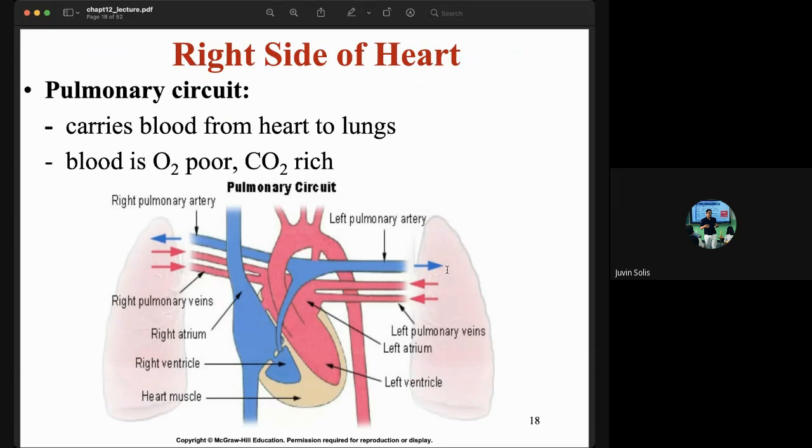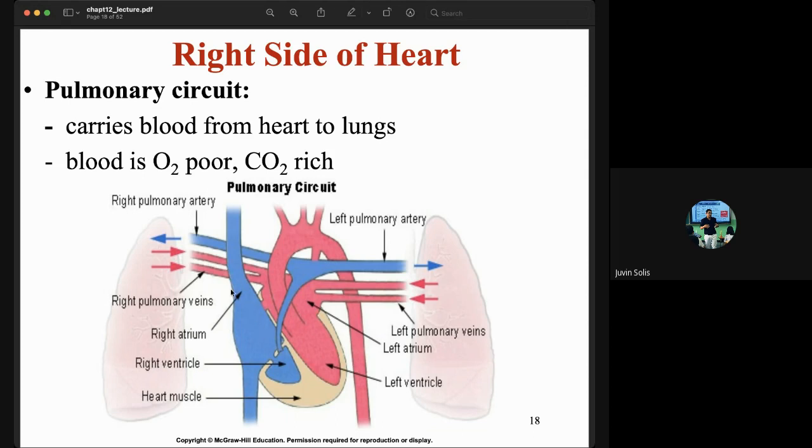Okay, so here we will now be talking about the right side of the heart. In the right side of the heart, we have what we call your pulmonary circuit. It carries the blood from the heart to the lungs, and the blood is oxygen poor and carbon dioxide rich.